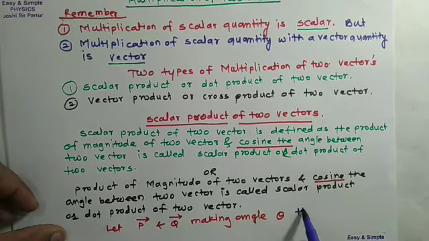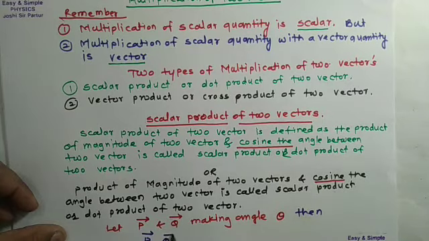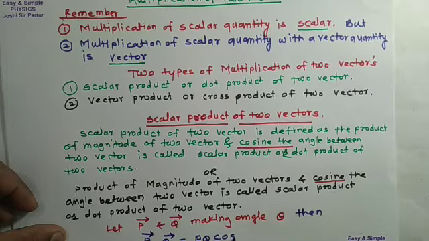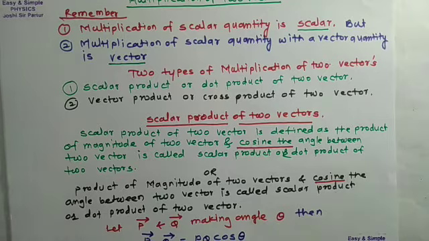Then vector P dot vector Q, the scalar product of P and Q, is the product of the magnitudes of the two vectors and the cosine of the angle between them.